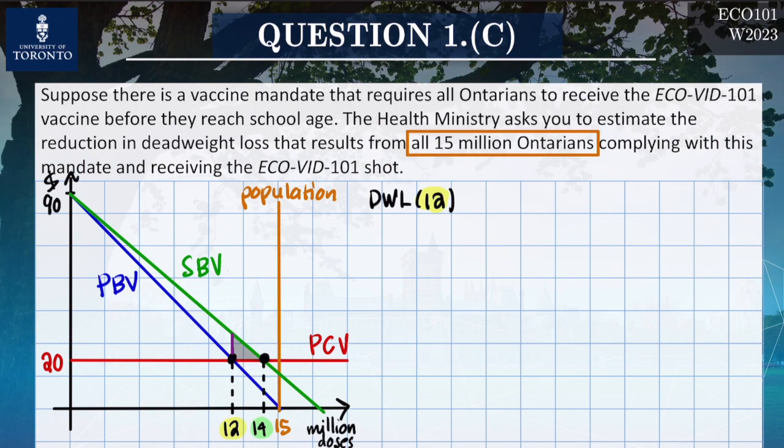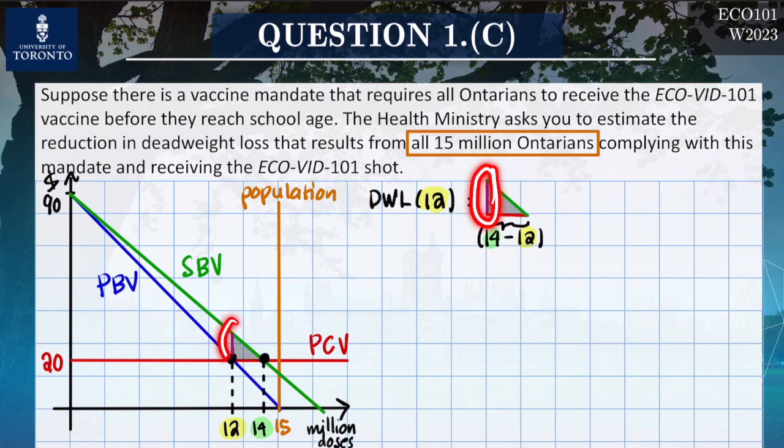So our deadweight loss at the market equilibrium of 12 million people being vaccinated is simply the area of this little gray triangle that is in between the social benefit of vaccination and the private cost of vaccination, and between the optimum quantity and the equilibrium quantity. So the base of this triangle is simply the difference between those two values, 14 million people being vaccinated at the social optimum minus 12 million people being vaccinated at the market equilibrium.